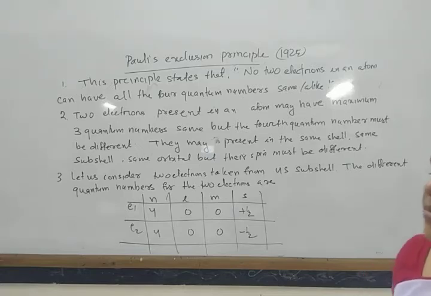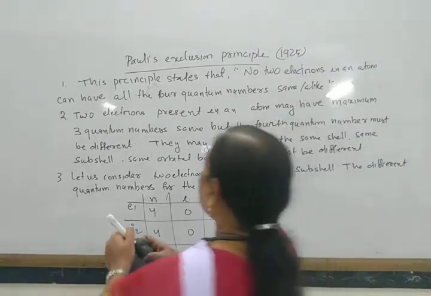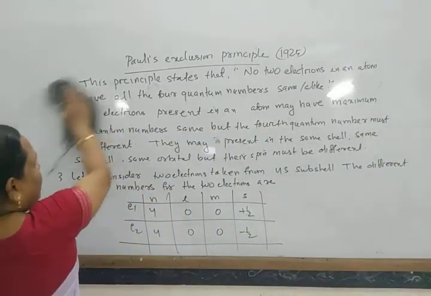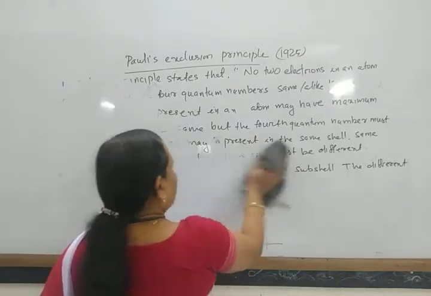So in this way, what do we conclude? From here we conclude that an orbital can accommodate a maximum of two electrons.